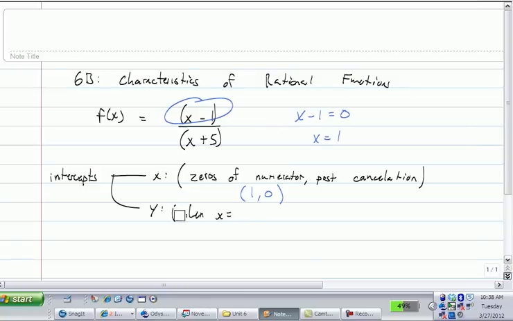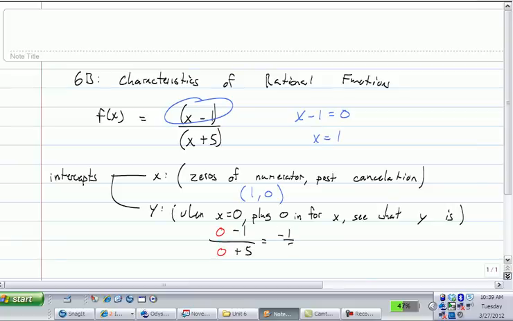To find the y-intercept, when x equals 0, plug 0 in for x and see what y is. 0 minus 1 divided by 0 plus 5 equals negative 1/5.